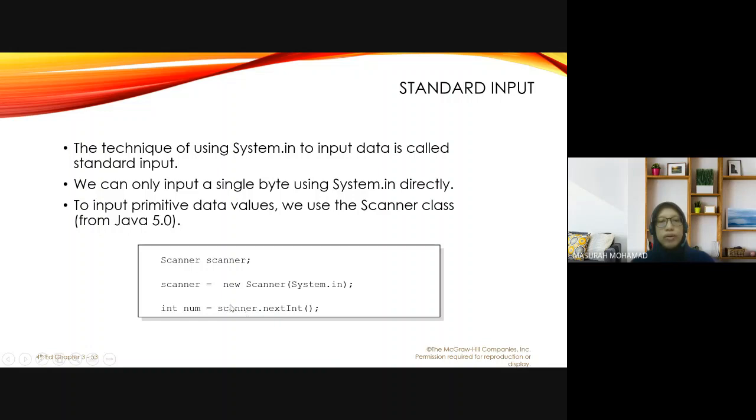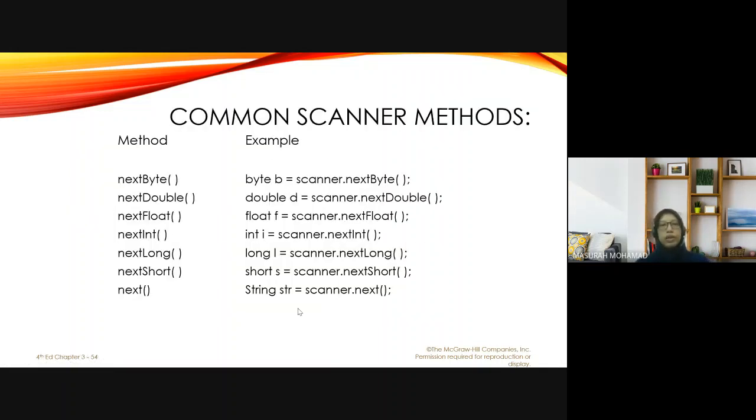So the scanner object here will call the method nextInt that is included in the Scanner class. Another method that you can use instead of nextInt, you also can use nextByte, nextDouble, nextFloat, nextLong, nextShort, and next. All of these methods have their own functions or values to be received from the user.